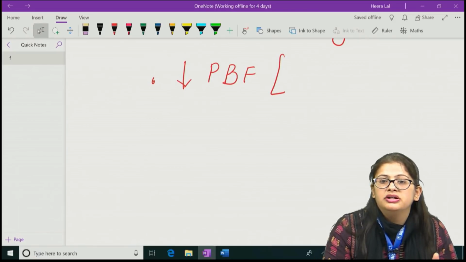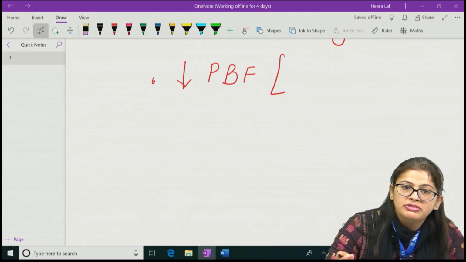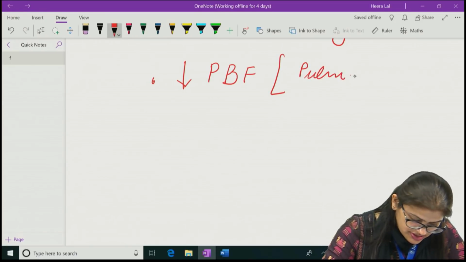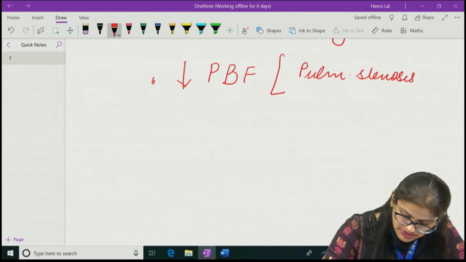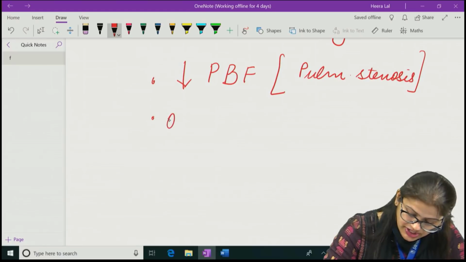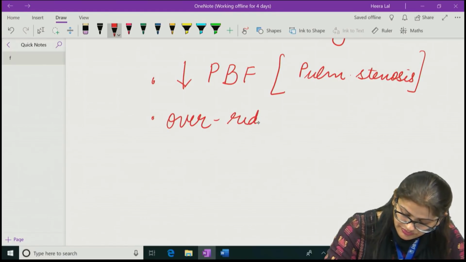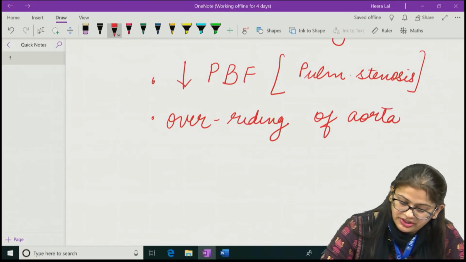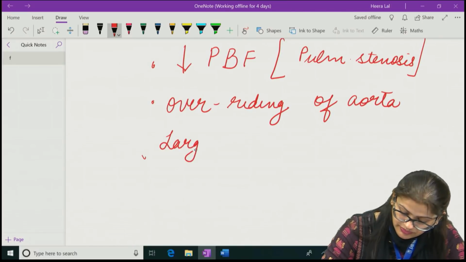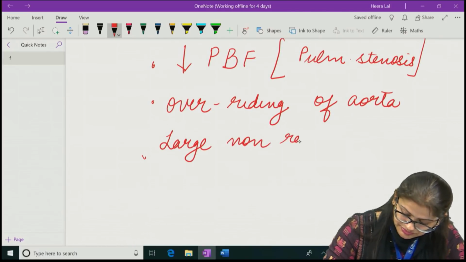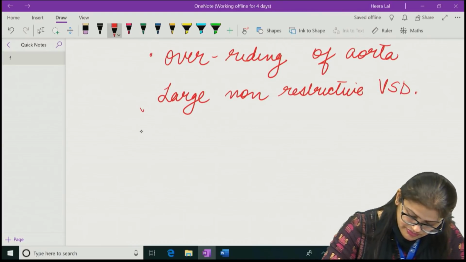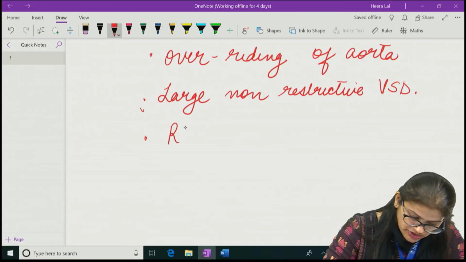Both of these can be a part of tetralogy of Fallot, and this is a condition manifesting as reduced pulmonary blood flow. So pulmonary stenosis. So apart from pulmonary stenosis, you also find overriding of aorta. There is a large non-restrictive VSD. And there is right ventricular hypertrophy.